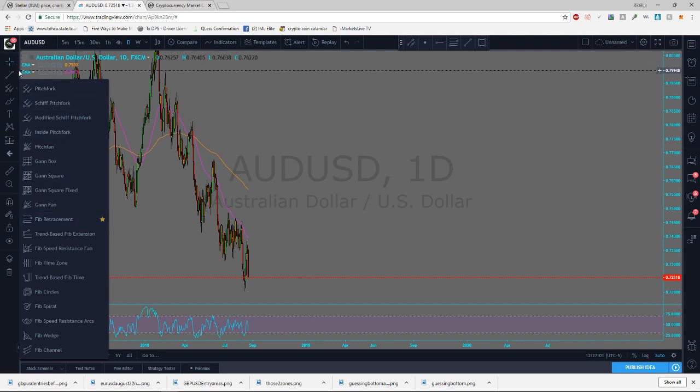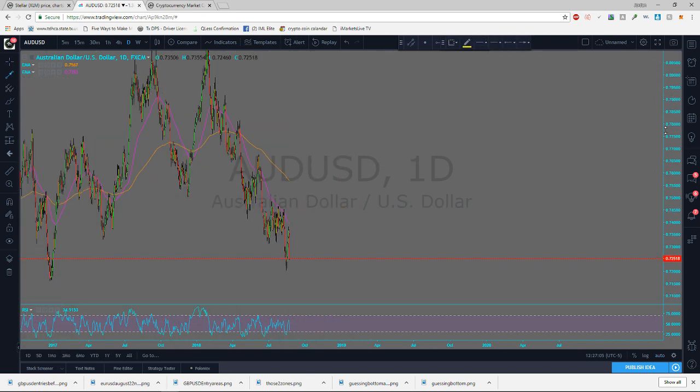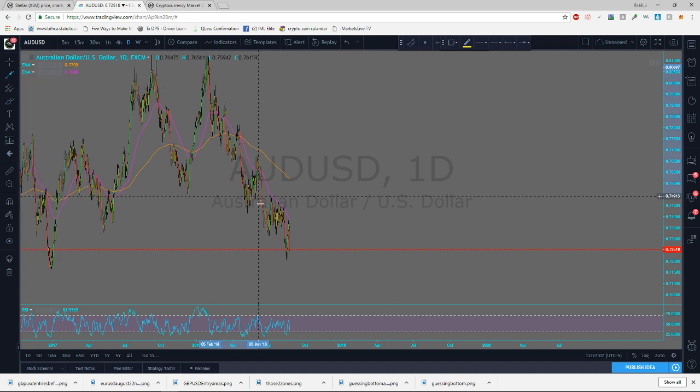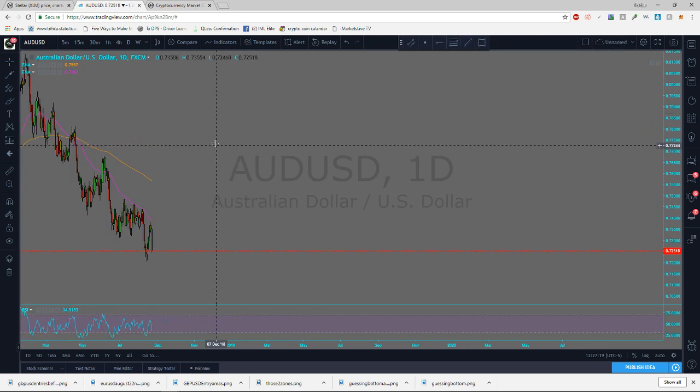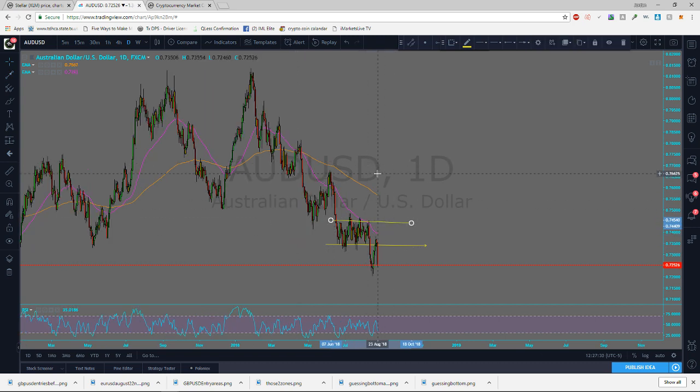Obviously, you can see the direction of where it's heading, which is down. In my earlier video with AUD USD a while back, you may or may not have seen it, we were looking for potentially this to be that last accumulation phase to head up.